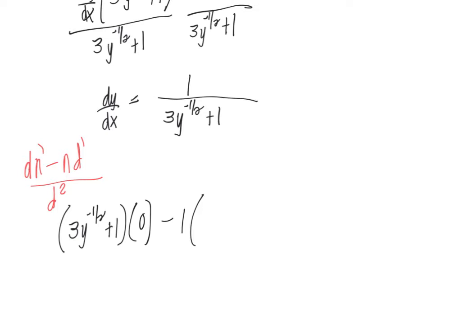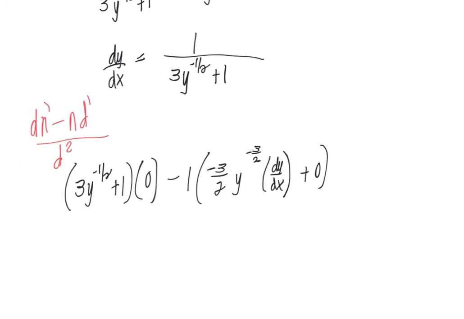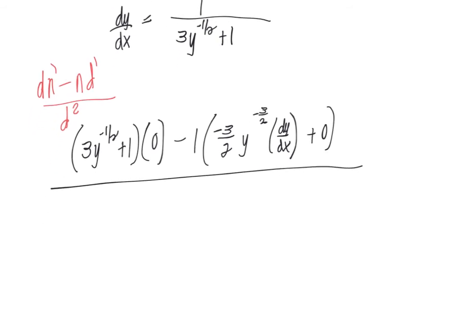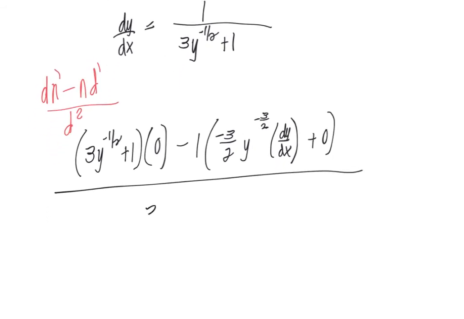So the derivative of 3y to the negative 1/2 power will be 3 times negative 1/2, so negative 3 halves y to the negative 1/2 minus 1, so that would be the negative 3 halves power. Since you differentiated y, it gets a factor of dy/dx behind it. And then the derivative of 1 is 0. All over the denominator squared. So 3y to the negative 1/2 plus 1 squared.